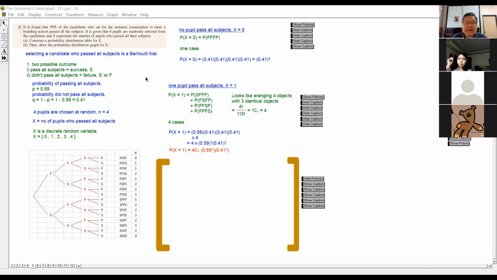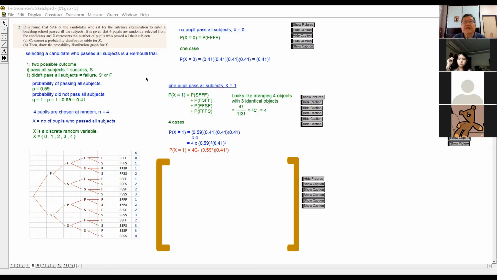So what are the things that you need to identify? Number one, the Bernoulli's trial: what is the probability of success, and what is the probability of failure? Second, this Bernoulli's trial is repeated how many times? In this case, 4 times. Then number 3, what is the discrete random variable?